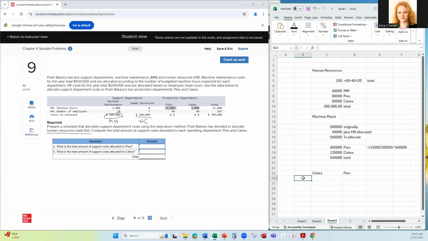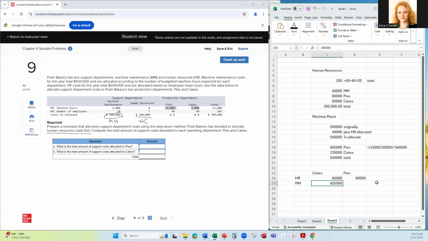All right. Now, the total that got assigned to each of these, right? Each department we assigned from HR and we assigned from machine maintenance. Okay. So up here, we assigned these amounts to pies and cakes from HR. They each got 80,000 because they had similar headcount. And then down here, we assigned these amounts from machine maintenance. Oops, I'm doing the wrong column here.